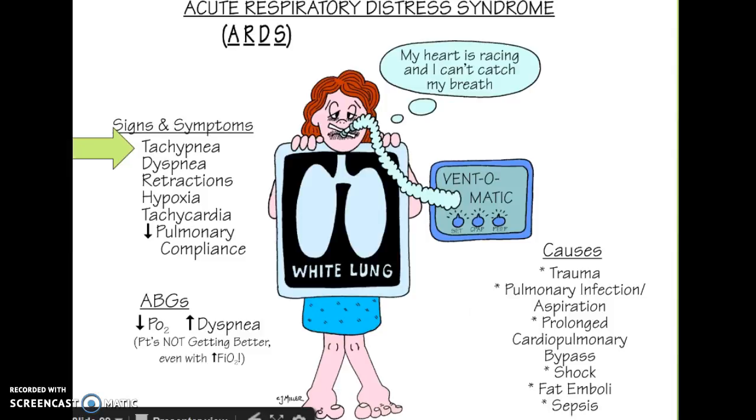The patient's not able to exchange the oxygen or carbon dioxide across the membranes of the affected alveoli, which results in hypoxia, which is low oxygen levels, and hypercapnia, which is the high carbon dioxide. The first sign that someone is developing acute respiratory distress syndrome is going to be an increased respiratory rate, which can accompany a lot of different things.